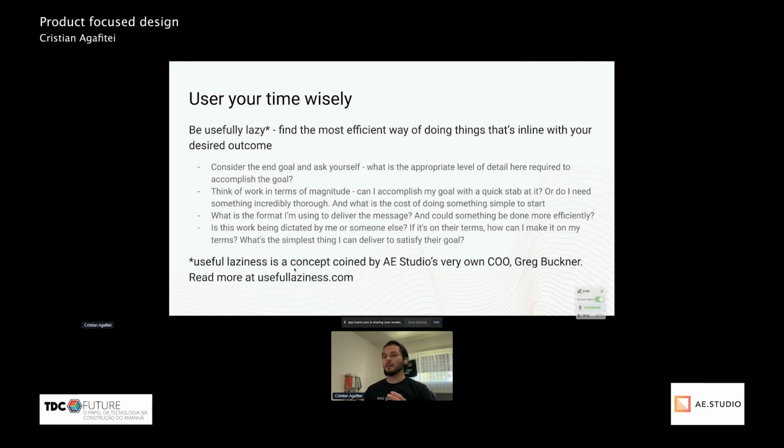When doing anything, consider the end goal, right? And ask yourself, what's the appropriate level of detail that's required to accomplish that goal? Can I accomplish my goal with a quick stab at it, with low effort? Or do I need something that's incredibly thorough? Do I need to consider the pros and cons of each approach?